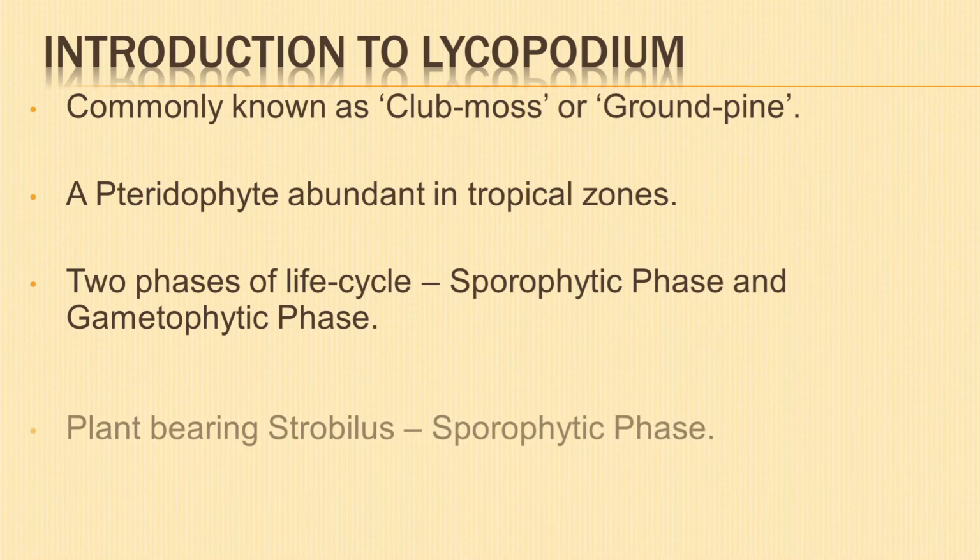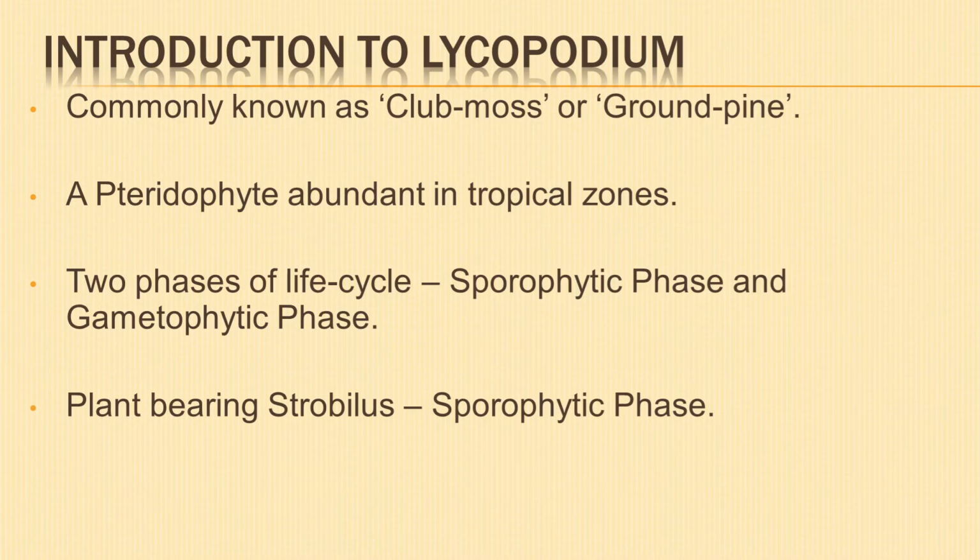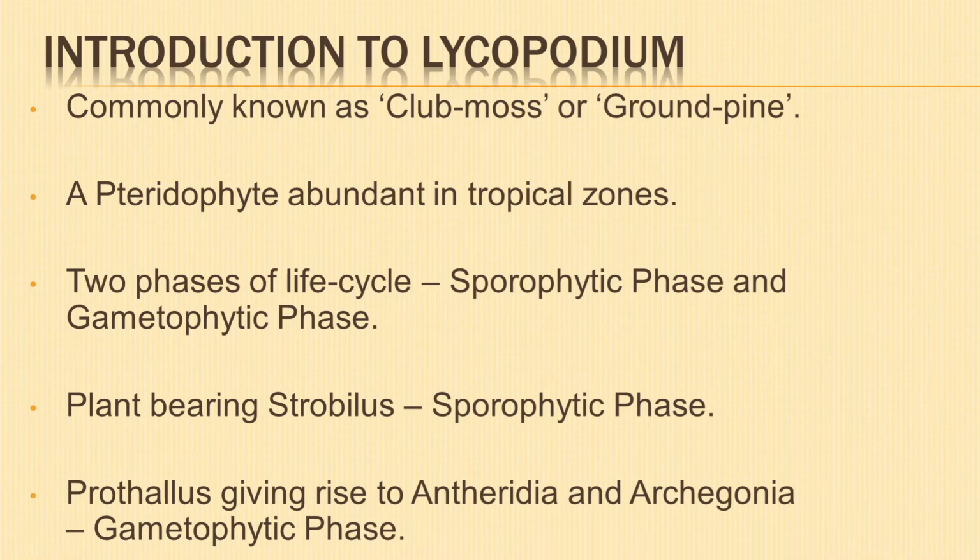The plant-bearing Strobilus is the sporophytic phase of the life cycle, and the top-shaped Prothallus, which gives rise to the Antheridia and Archegonia, is the gametophytic phase of the life cycle.